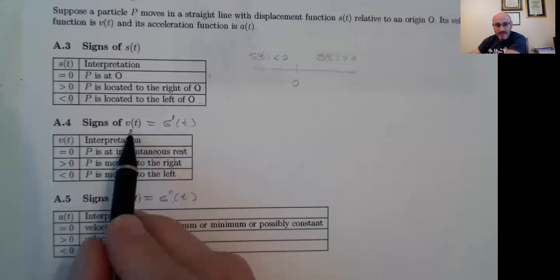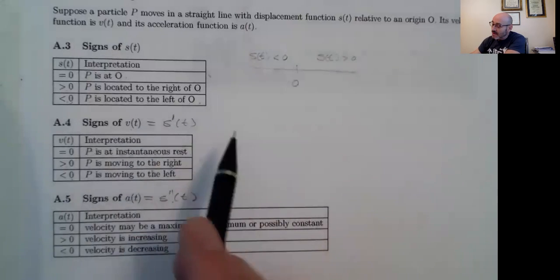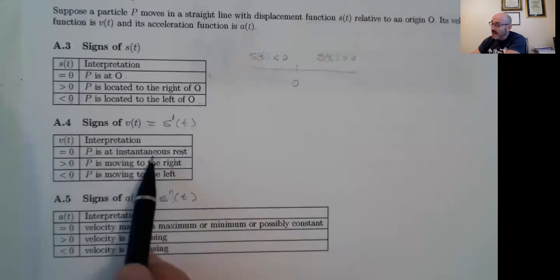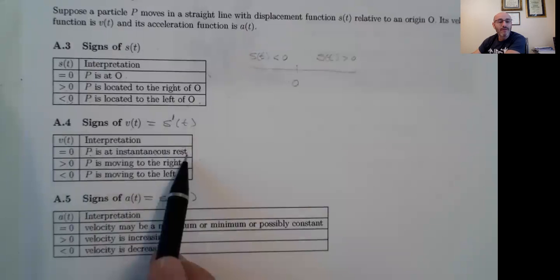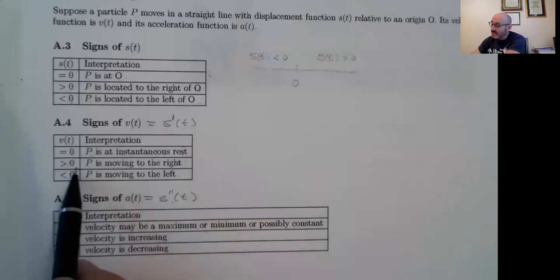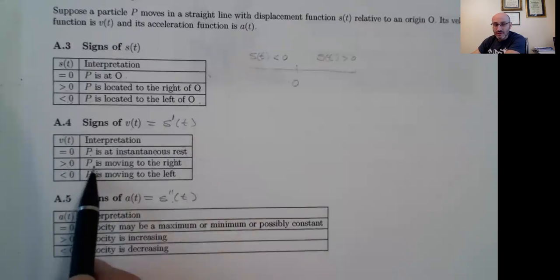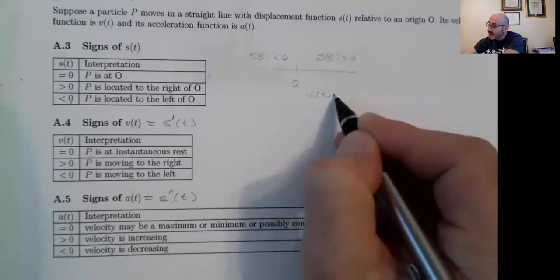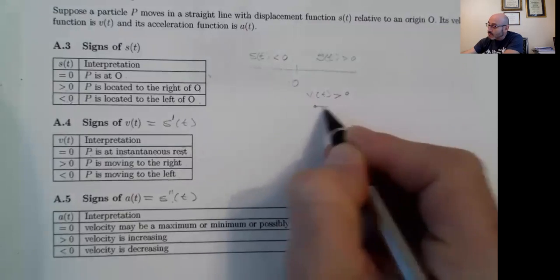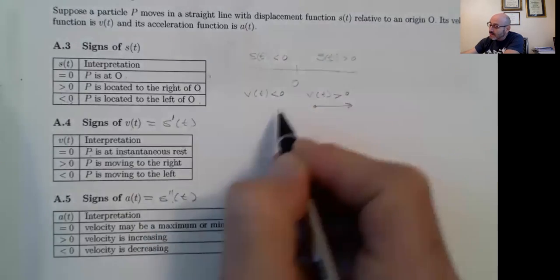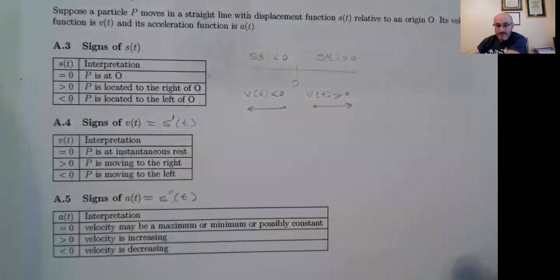Signs of the velocity. If the velocity is equal to 0, that means that the particle is at rest. At that particular moment, it's not moving, okay? Or it's changing direction. That could also be it. If the velocity is positive, then the particle is moving to the right. When the velocity is negative, then we're moving to the left.